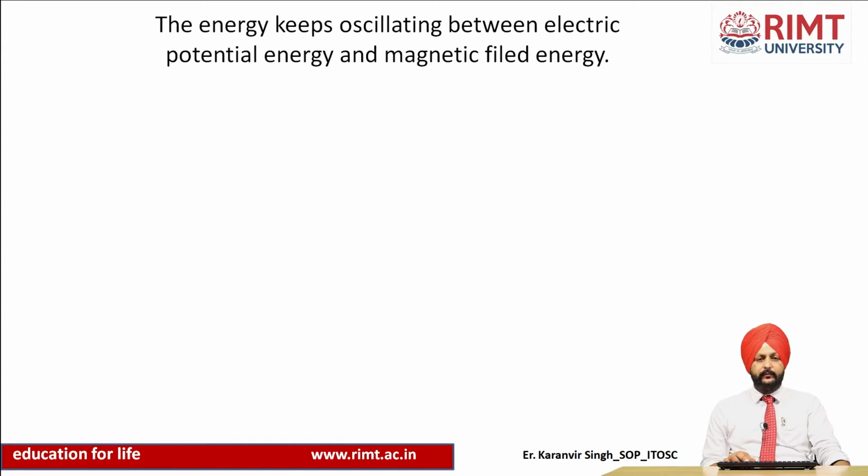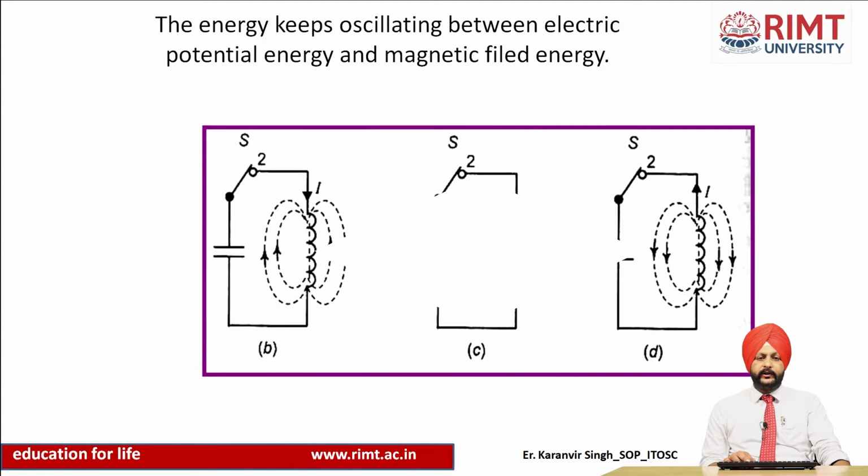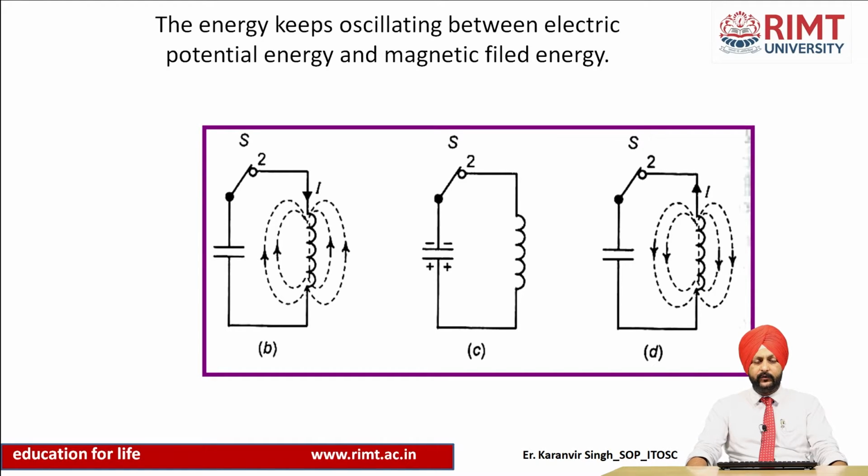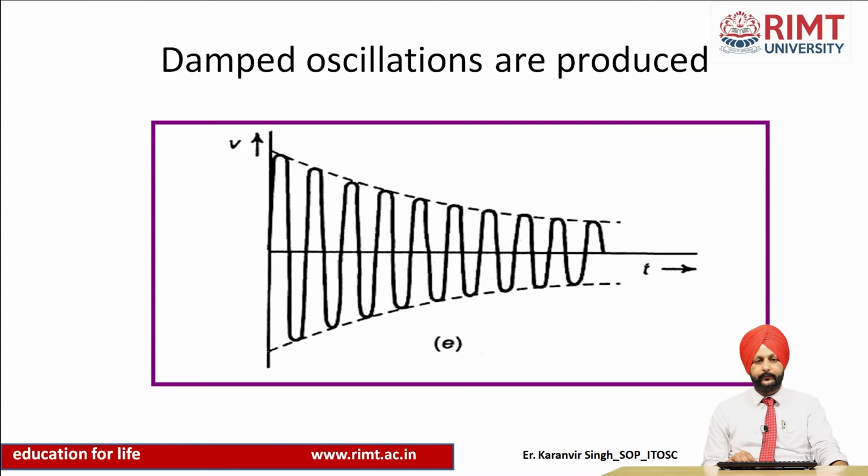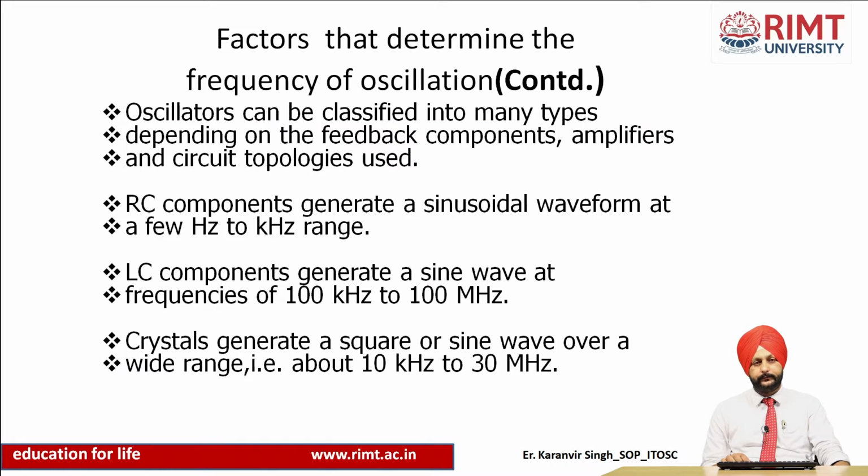The next diagram shows, in figures B and D, the switch closed in both cases, and it shows that energy keeps oscillating between two types of energy: one is electric potential energy and the other is magnetic field energy. This is the diagram showing that damped oscillations are produced with respect to time.